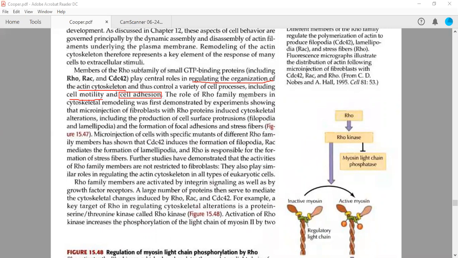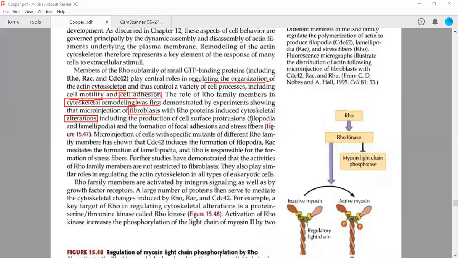The role of Rho family members in cytoskeleton remodeling, the remodeling of the actin filaments, was demonstrated by experiments showing microinjection into fibroblasts. It was shown that the Rho protein induces cytoskeletal alterations, changes in cell shape, movement or position of the cells, including the production of cell surface appendages or protrusions.